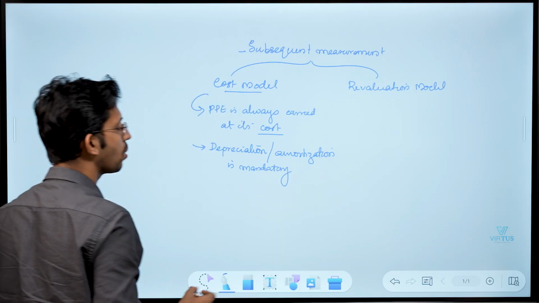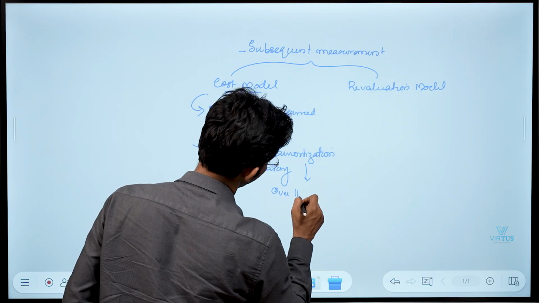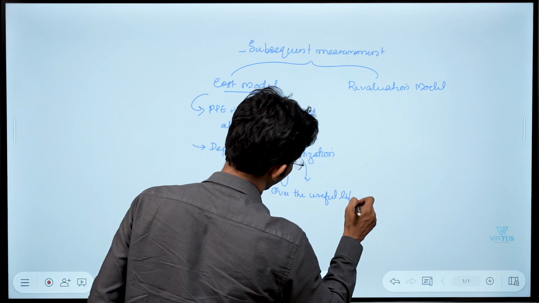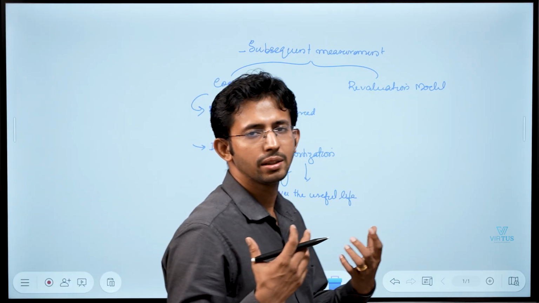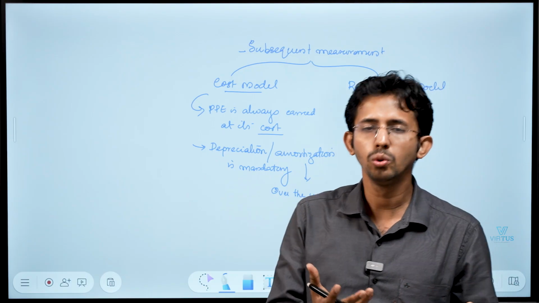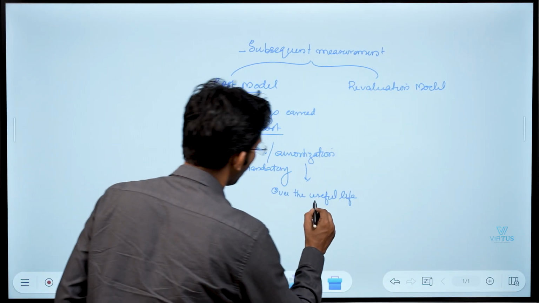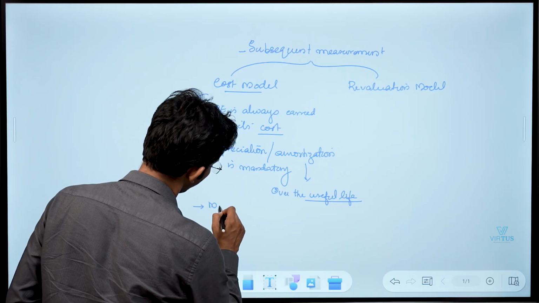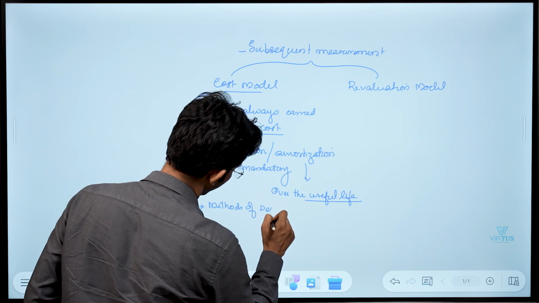The depreciation or amortization should be done over the useful life. Depreciation is something very common, and we all know about the methods of depreciation. Over the useful life, we have different methods of depreciation.